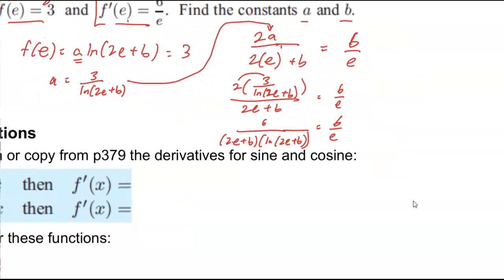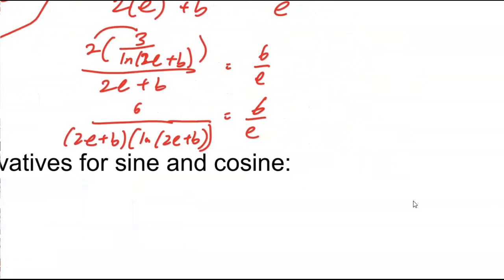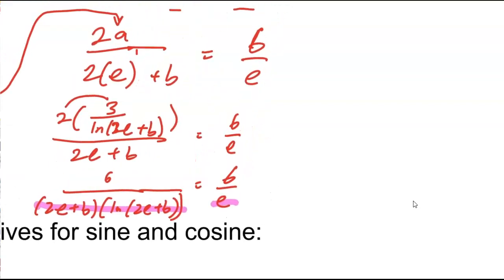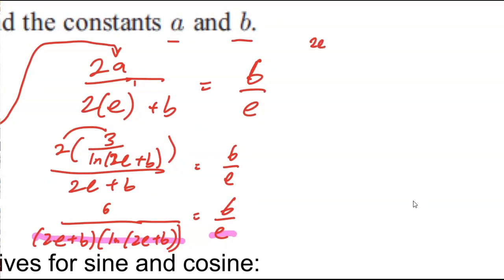And now I know that 2e plus b times natural log of 2e plus b is equal to e, right? Because the tops are equal, they're both 6. The bottoms should both be equal too. So I'm going to write that out here for a second. 2e plus b, natural log of 2e plus b is equal to e.